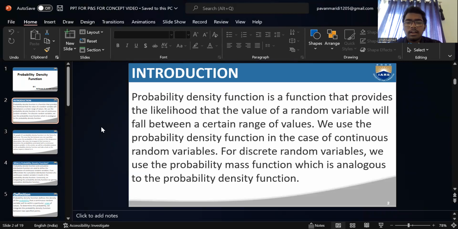For discrete random variables, we use the probability mass function, which is analogous to the probability density function.